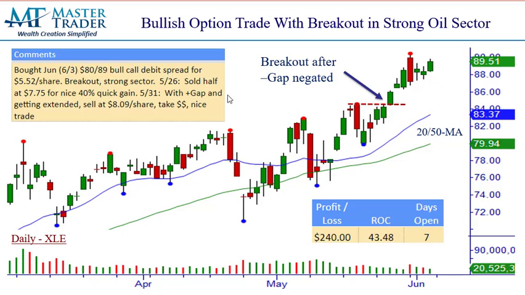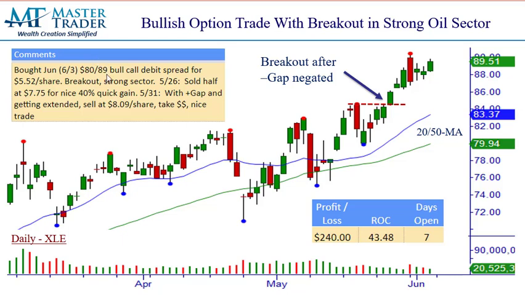So could we have just bought calls alone and profited as the stock moves up? The answer is yes. But when we do a bull call debit spread, we're buying one call option. So we bought the 80s and we sold, or shorted, the 89s.